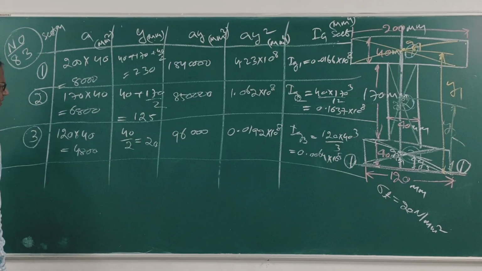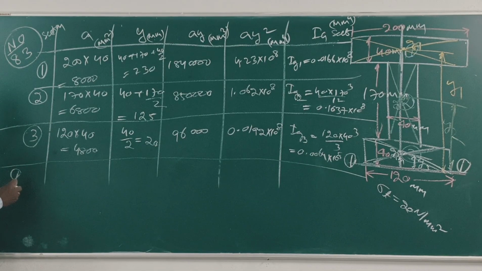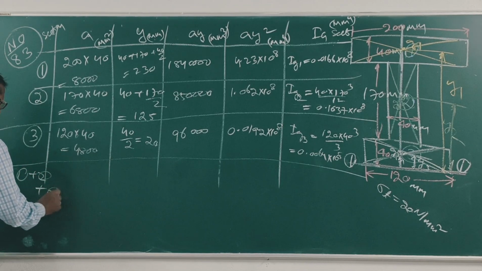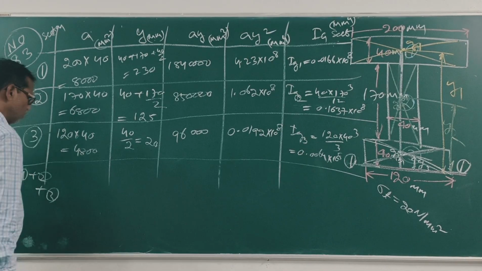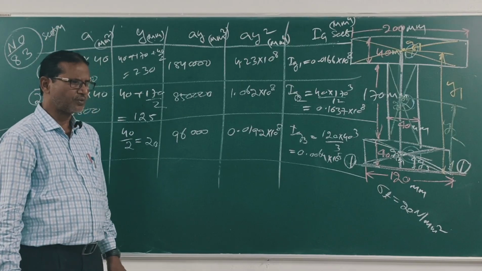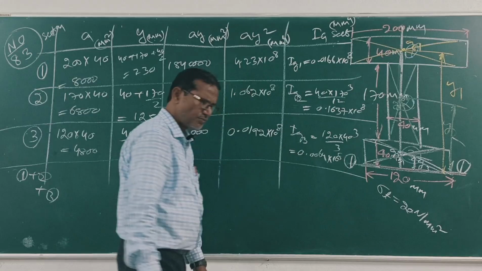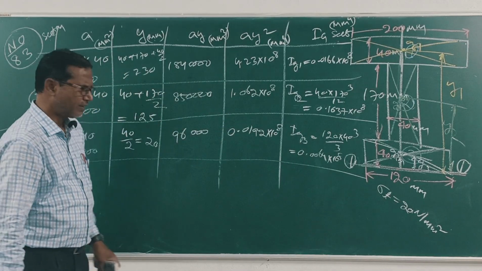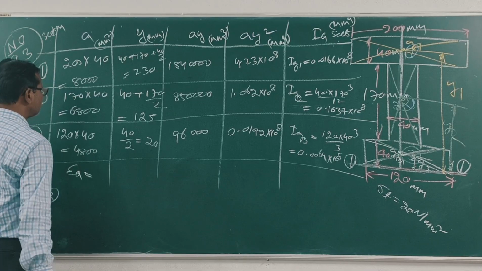Clear? Now 1 plus 2 plus 3. Clear? What is sigma A?